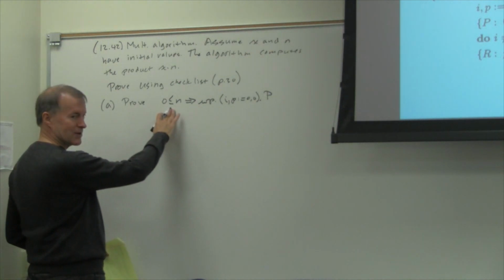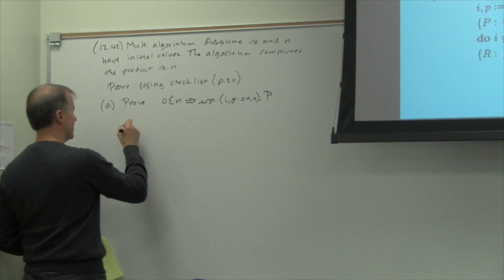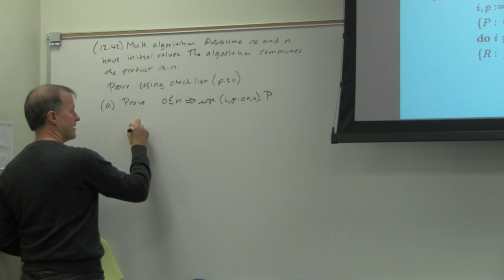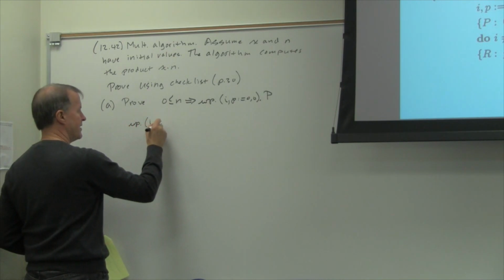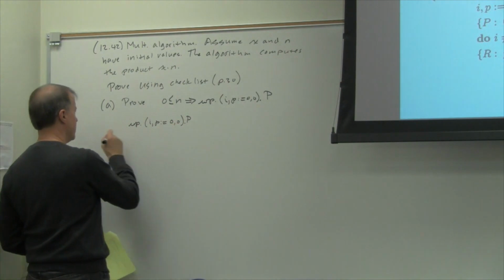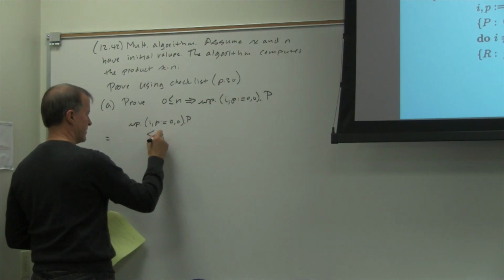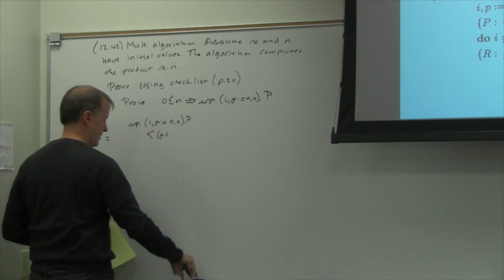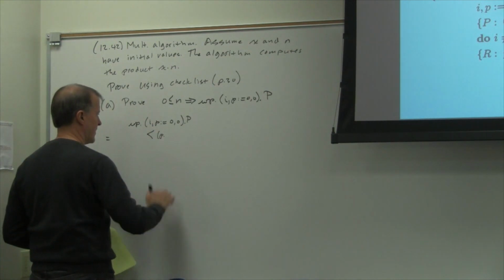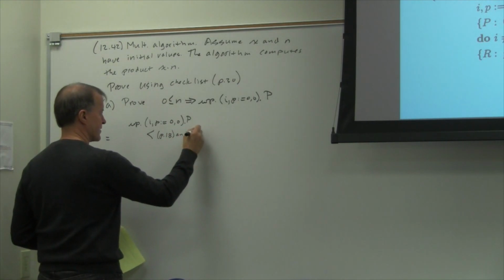We assume the conjuncts, right? So what do we do? We start with this, right? So we do WP dot I gets 0 dot P, equals, by what's our old friend? P18 and textual substitution.